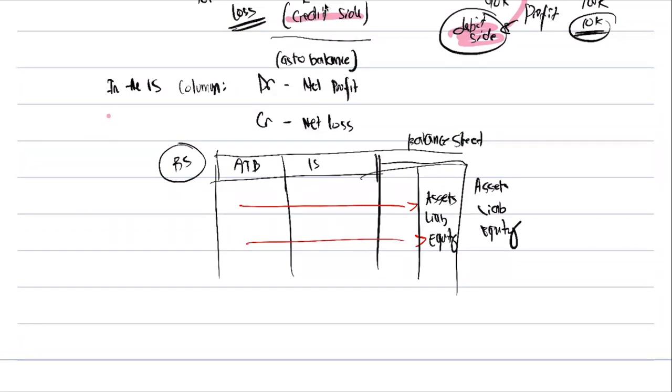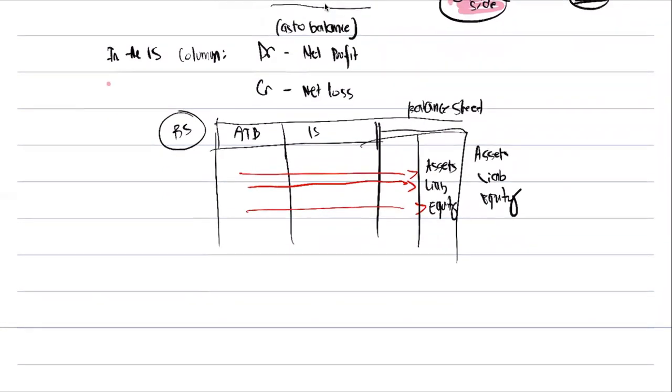So we forward the three items: assets, liabilities, and equity. Now, after preparation of this, the debit and credit columns will not equal. So our debit and credit are not equal here in the balance sheet. Why? What's the difference? The difference pertains to the income or loss.